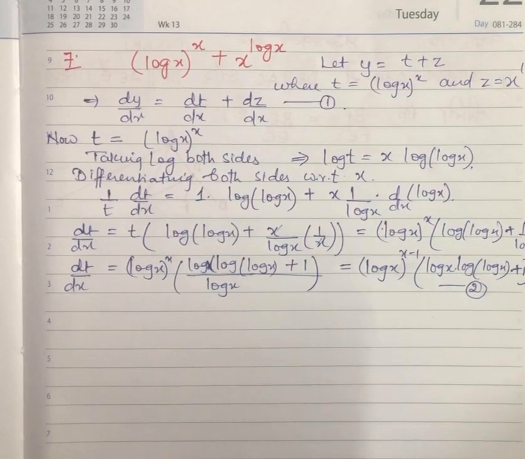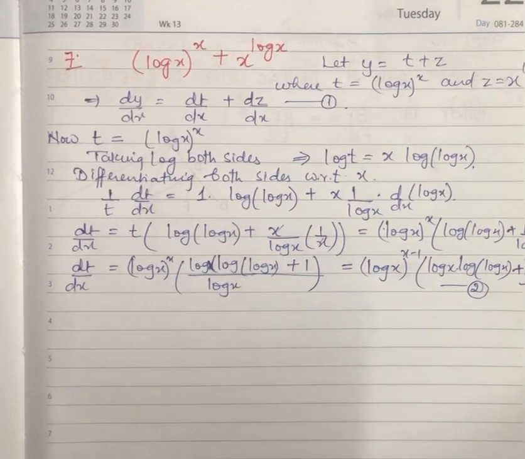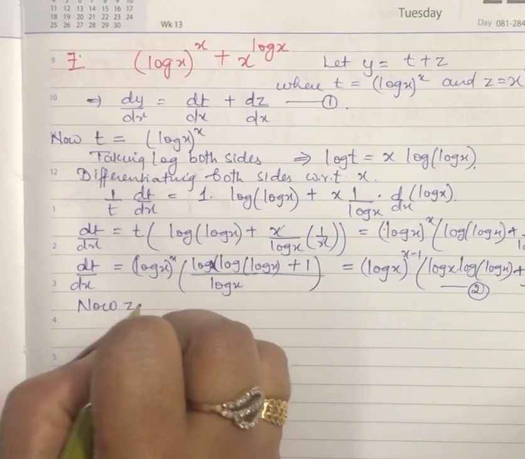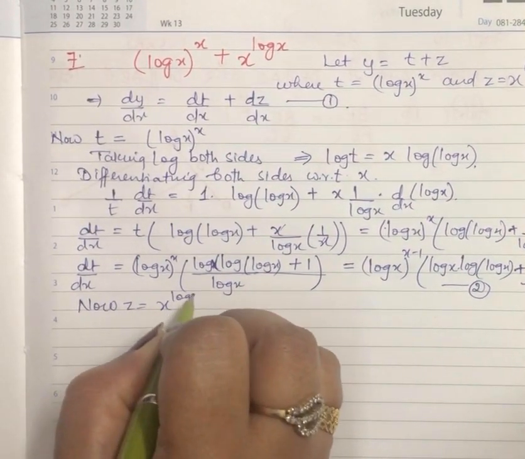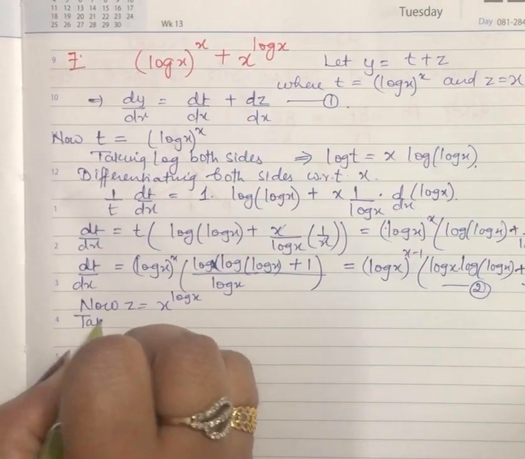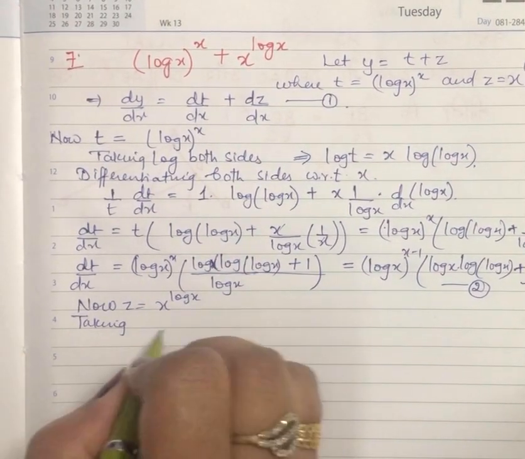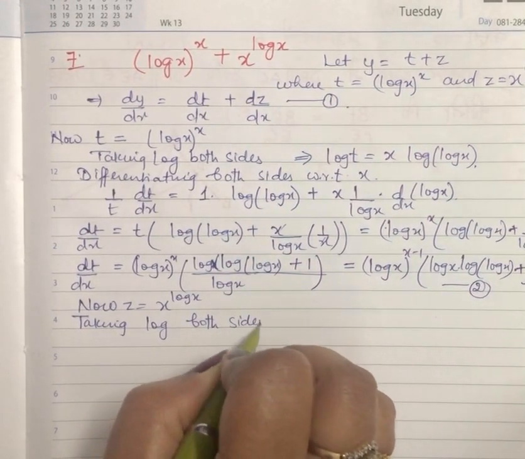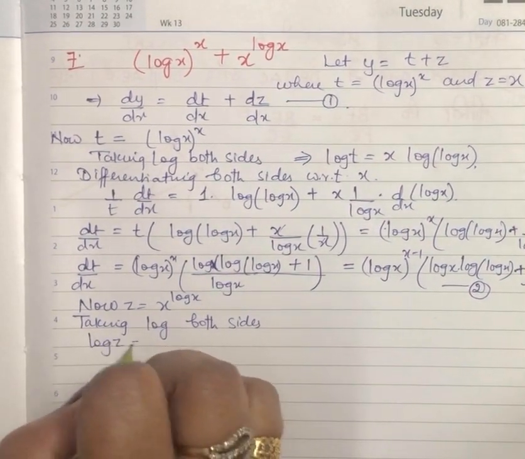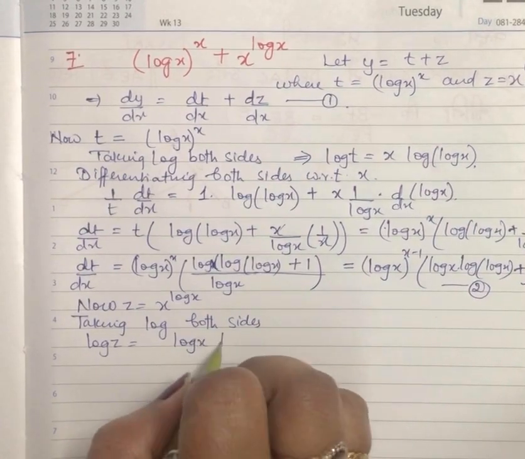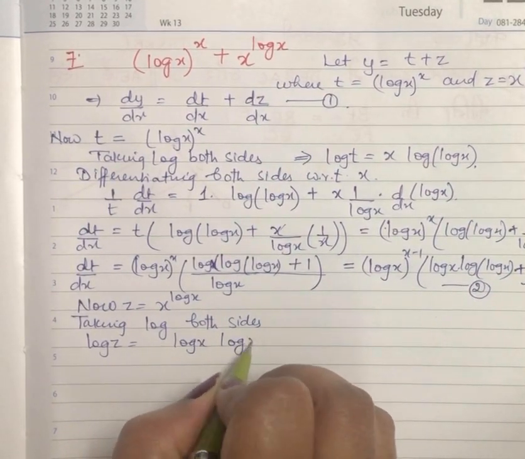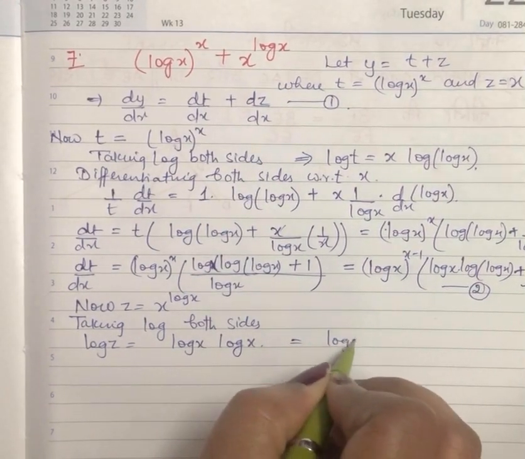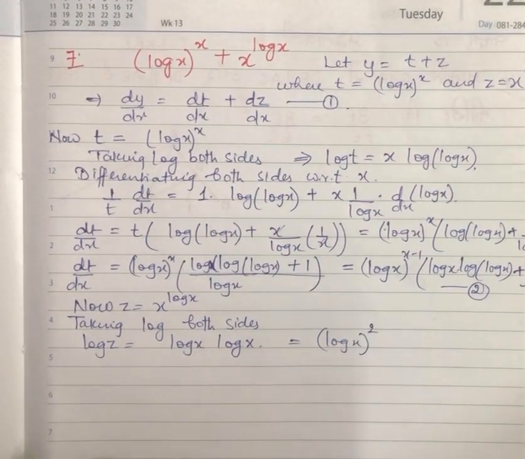Now we find out dz by dx. Now z is x to the power log x. So again taking log both sides, log z becomes, log x comes forward, log x into log x, that is log x whole square.